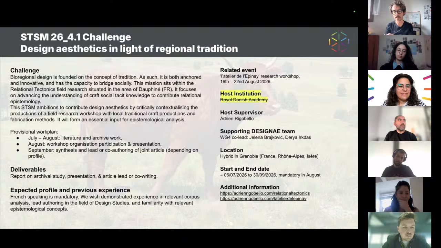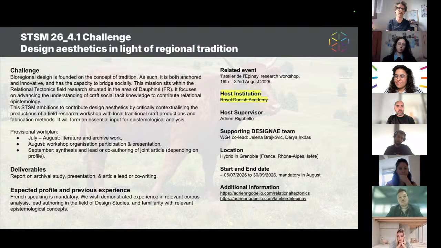Essentially it investigates relational design, particularly around bioregionality, around locality of design. This is field research located in France, in a particular watershed that is both splendid and really interesting in terms of legacy of woodwork. And the host institution would be the School of Architecture in Grenoble. Okay. Thank you, Adrien.